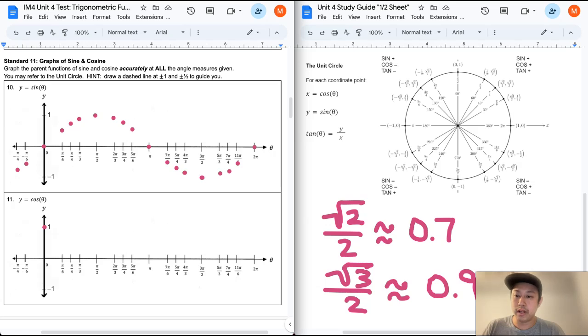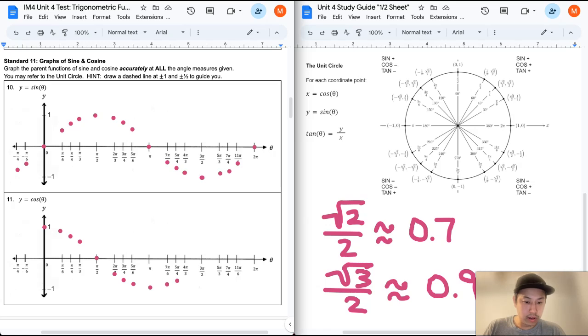Root 3 over 2 is the 0.9, pretty dang close to 1. 0.7 is about here. And then 1/2, right about right there. Back to 0. Back to negative 1/2, 0.5. Negative 0.7, negative 0.9, negative 1.